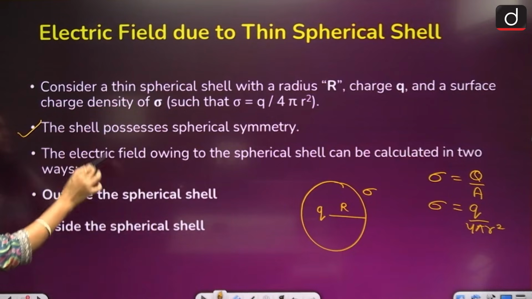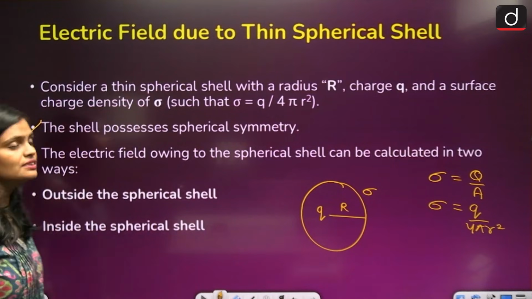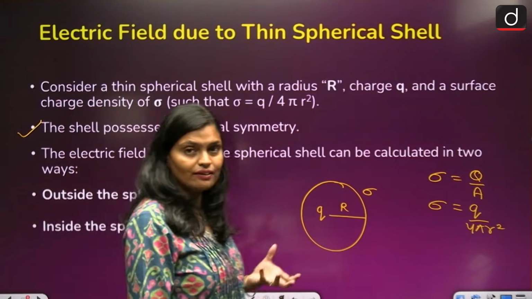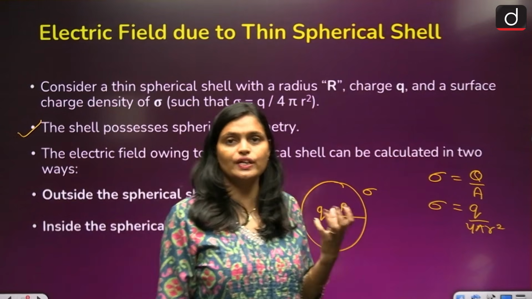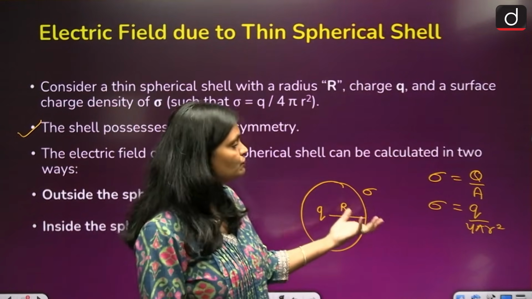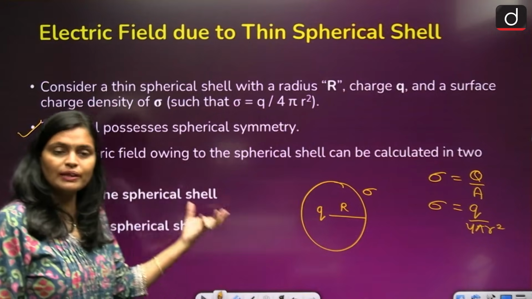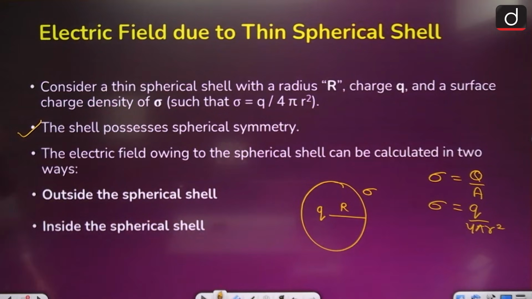The shell possesses spherical symmetry. और ये जो शेल है वो स्फेरिकल है, तो स्फीयर का जो एरिया होता है वो 4 pi r square होता है. तो in place of area you can write down that. The electric field you now have to calculate in two ways.